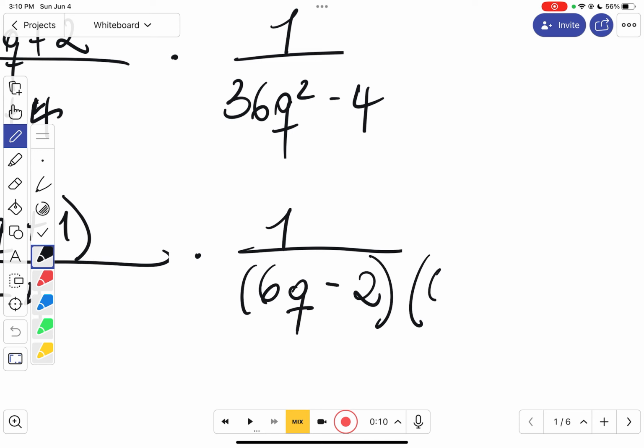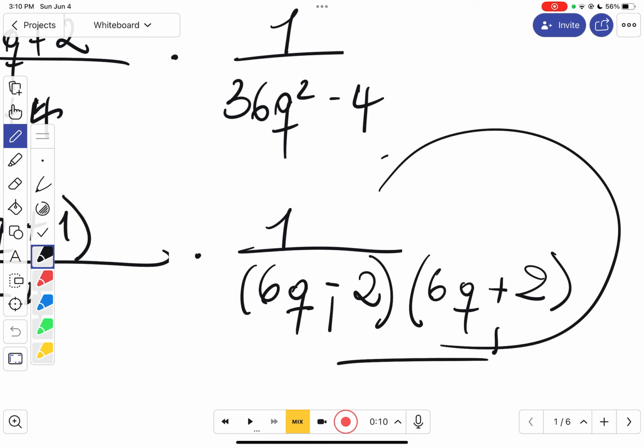Times 6q plus 2. The reason why we have a negative and a positive is because the middle sign in the rational expression that they give us is negative.